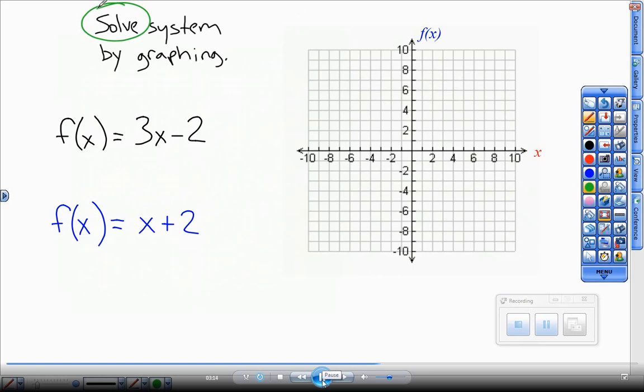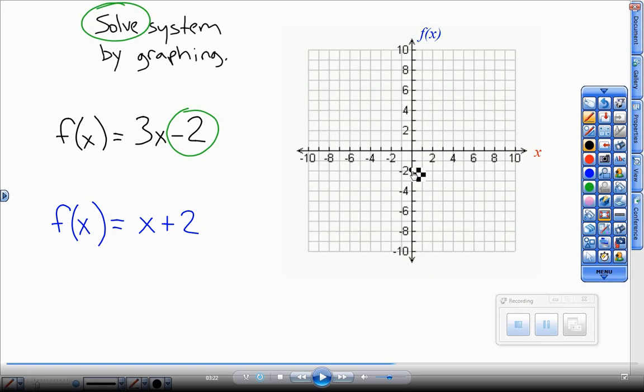So when I solve this system by graphing, I want to know where I put that very first point. That very first point goes right on what used to be the y-axis but is the f of x axis now, because that is your f of x axis intercept. So that -2, I put my first dot right on -2, right on that up or down line.